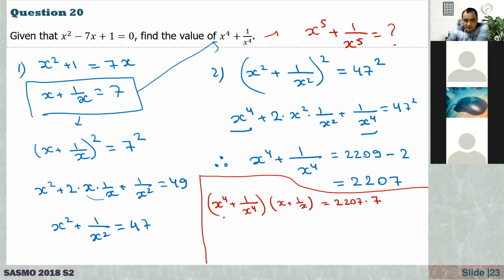Now if you open this, x to the power of 5, and here we have x cubed, plus 1 over x cubed, and 1 over x to the power of 5. That's equal to 7 times 2207, that's equal to 15,449.